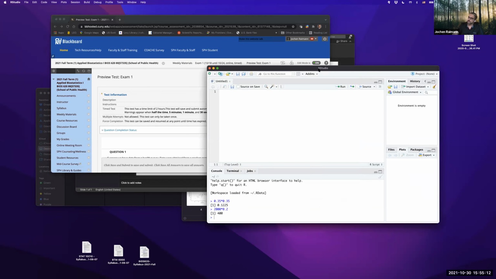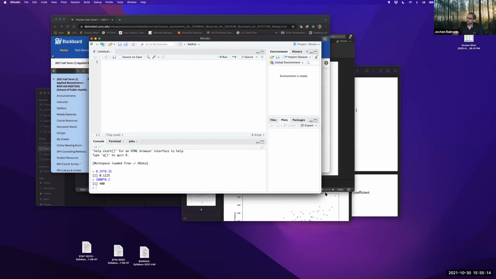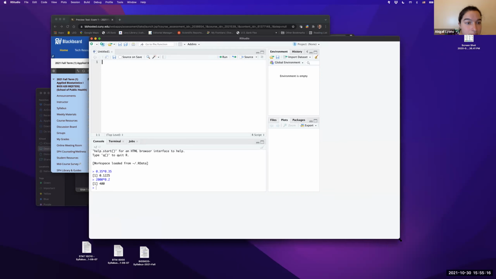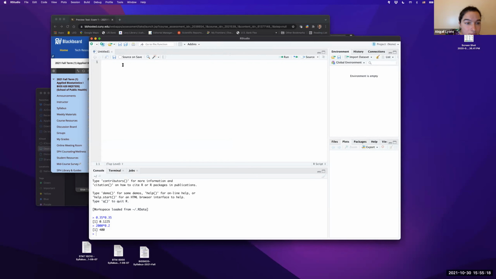You're still seeing our studio right now? Okay. Let's think about BMI. So BMI consists of weight. Let's make weight range from 1 to like 600, and that's kilos.